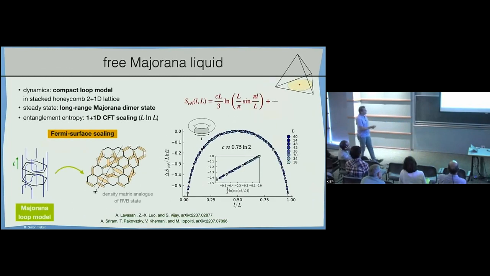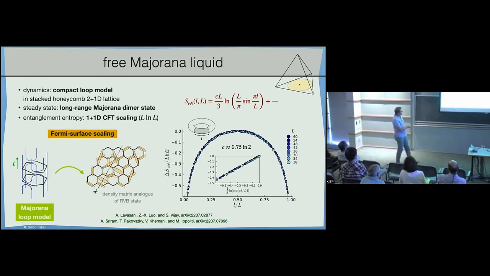So let's start with the bottom plane. So that's what Ali Lavasani and Vijay et al. have looked at here. Yeah, so the free Majorana equivalent now in a circuit. Yeah, and so this problem again reduces to something where we get a system that is best described as the density matrix analog of an RVB state.